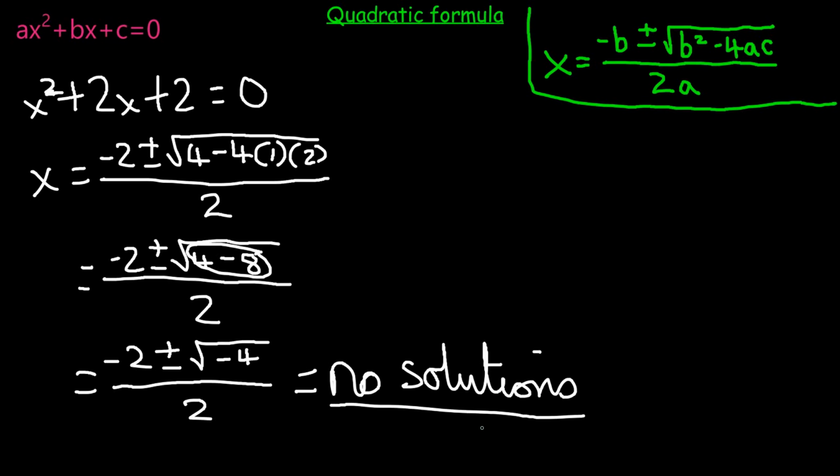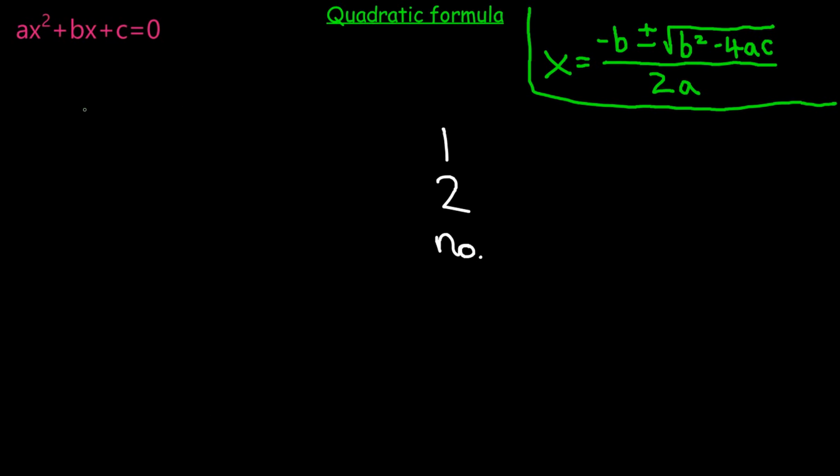Here is a further point. You can find out if a quadratic equation has one solution, two solutions, or no solutions by looking at the term under the square root. Now, we call the term under the square root, b squared minus 4ac, the discriminant.